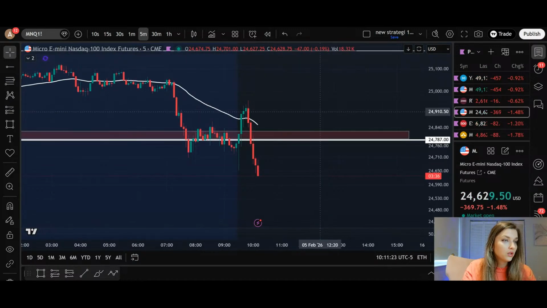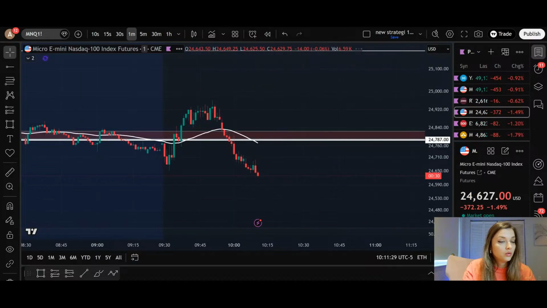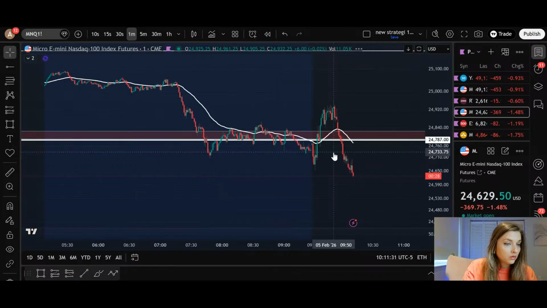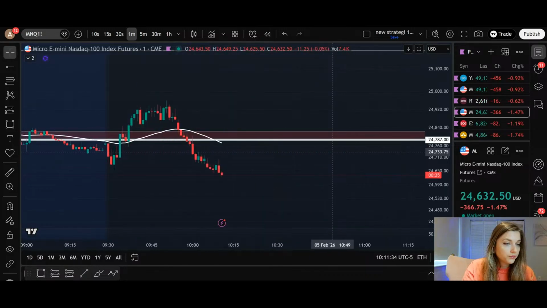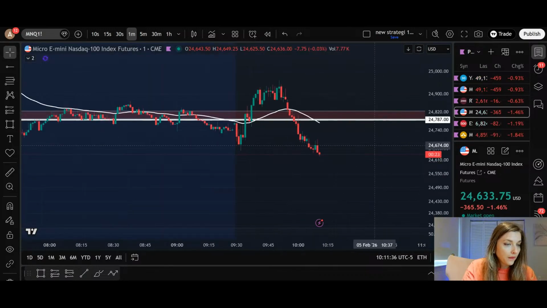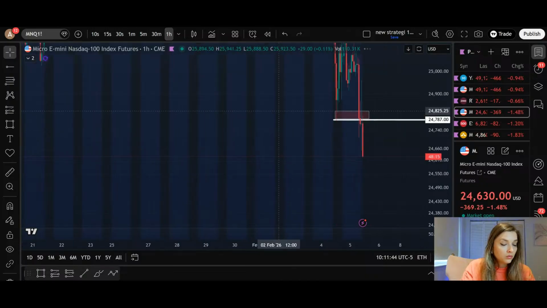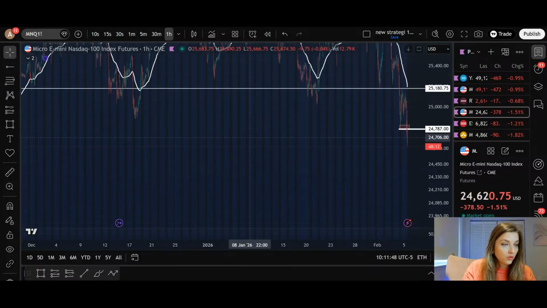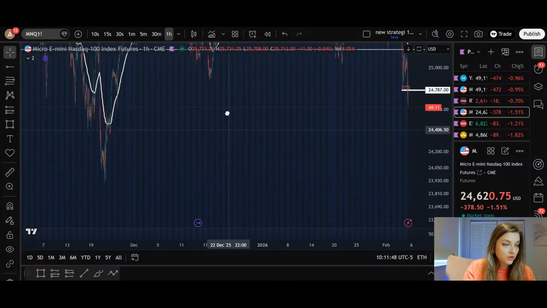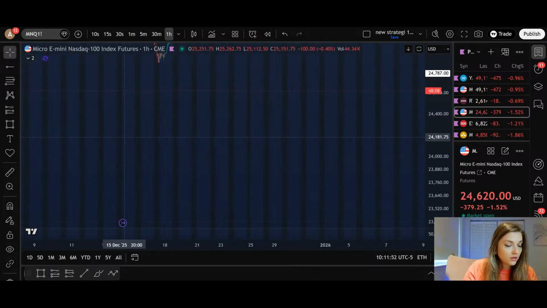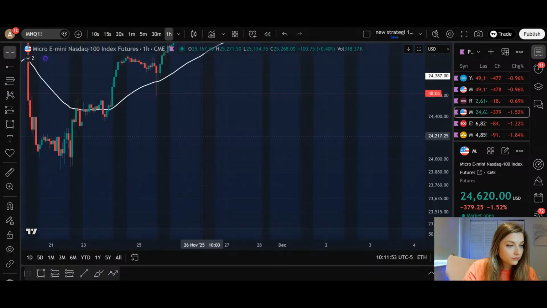At this point, I can see on 5 minutes NQ rejects the EMA. So, trying to make a plan for it, but I don't really have a plan. It's just going down. Here is the next area. Let's see, let me mark it here.